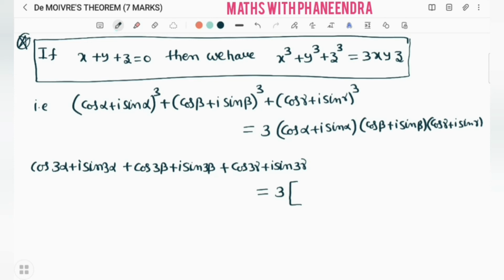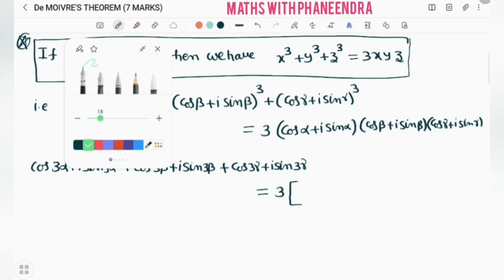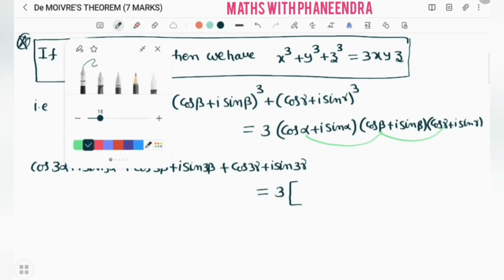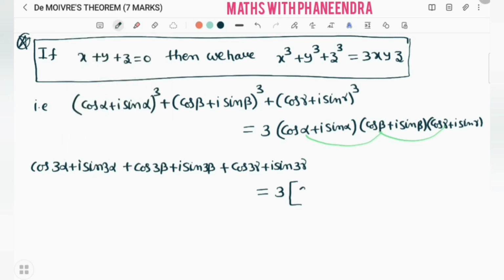Here the angles are alpha, beta, gamma, so alpha plus beta plus gamma comes in the real part. So 3 times cos of alpha plus beta plus gamma plus i into sin of alpha plus beta plus gamma.